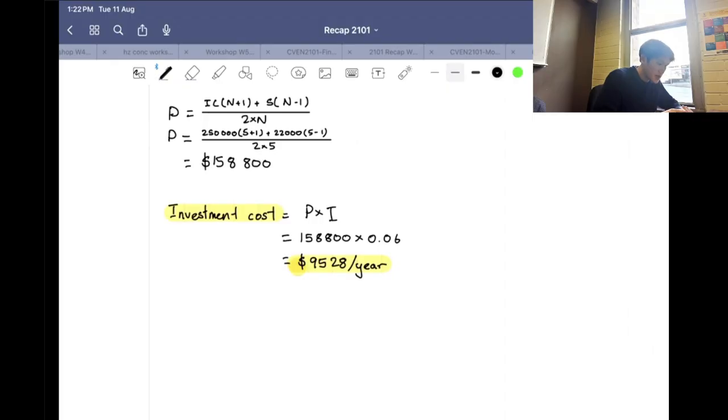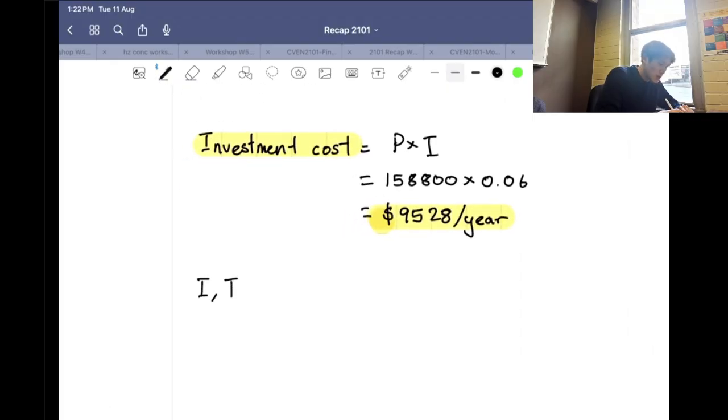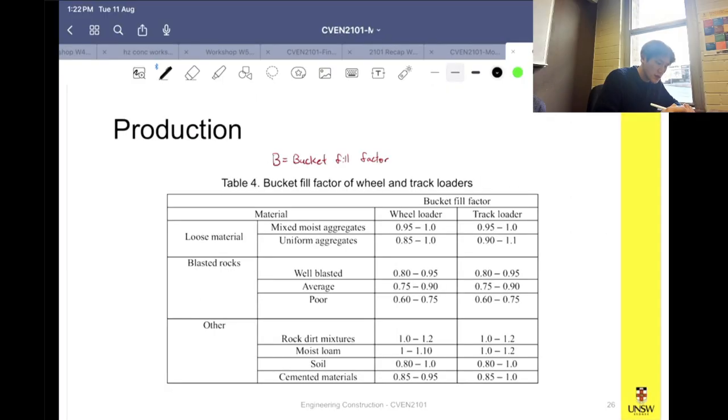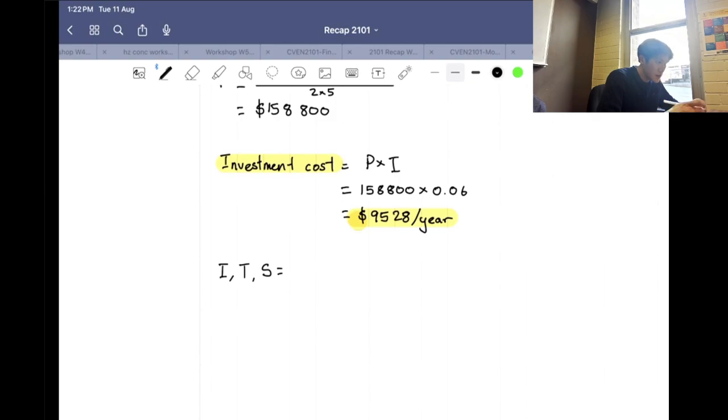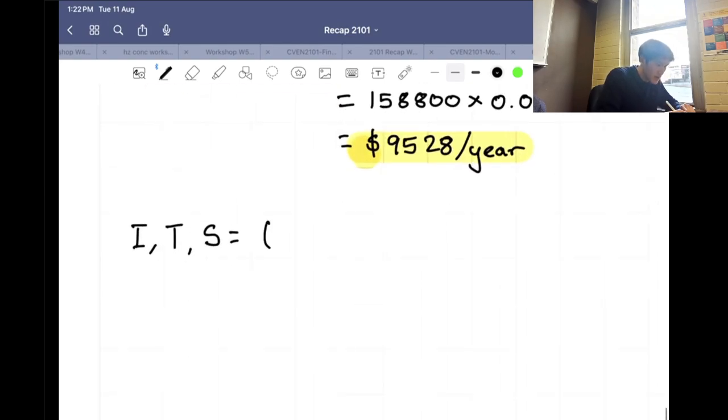And the final component is the ITS, it is the insurance, tax, and storage costs, which is equal to the ITS percentages times P, your average equipment cost.